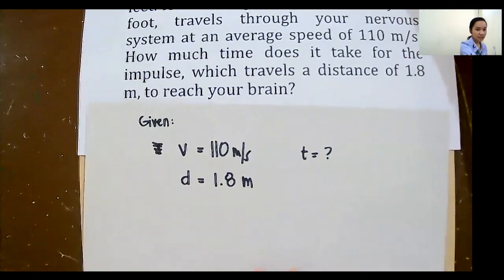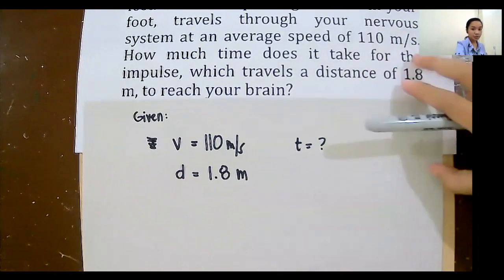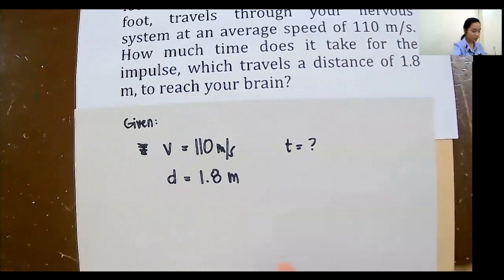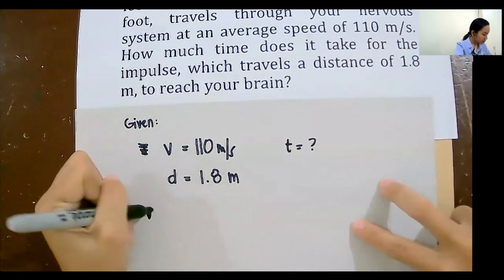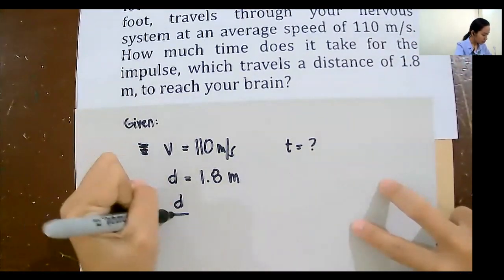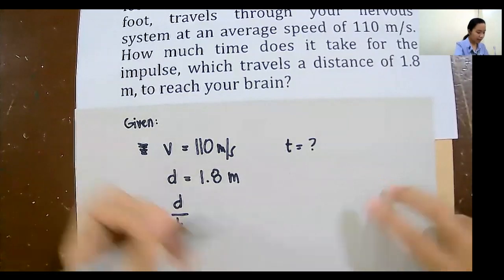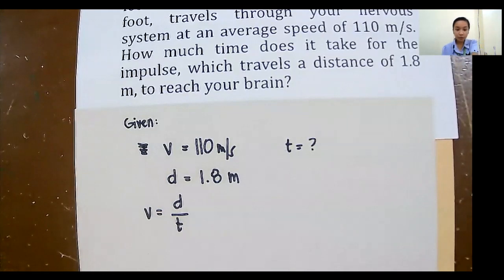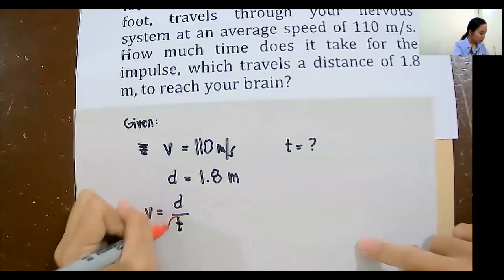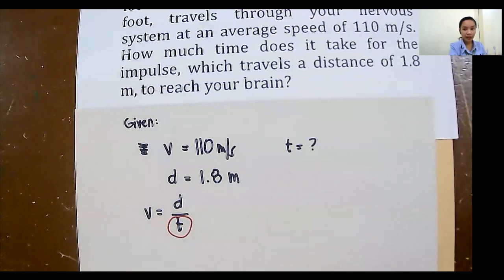In this case, we are going to use the formula for speed, V equal to D over T. Since we are looking for time, we are going to transpose the equation.